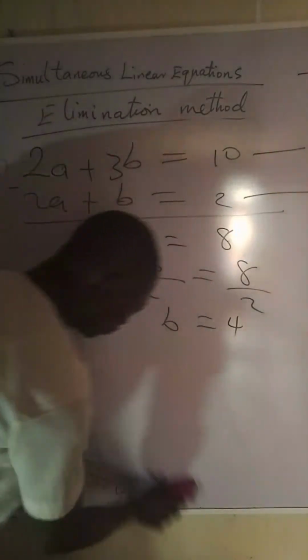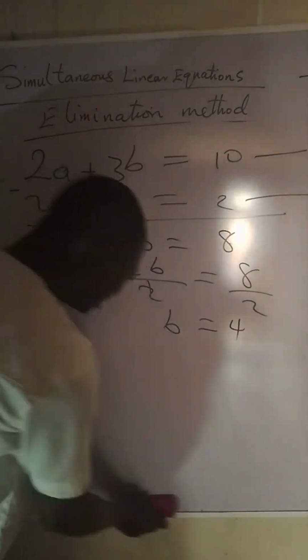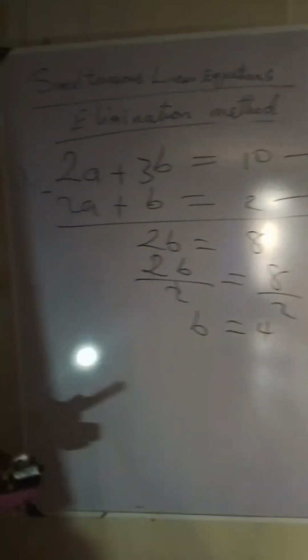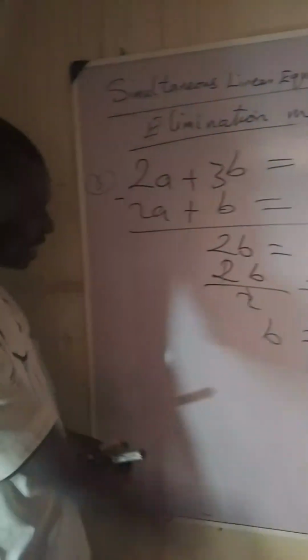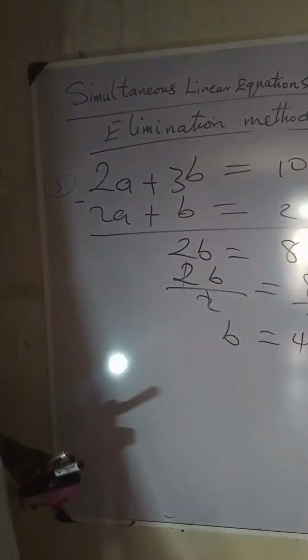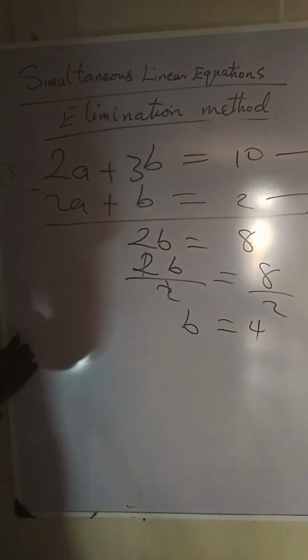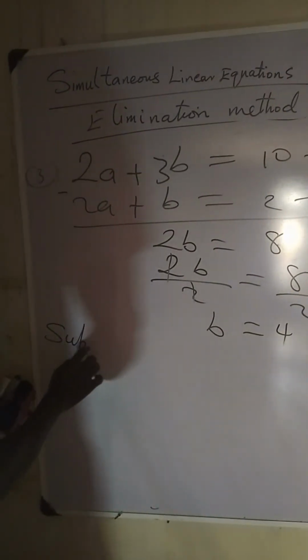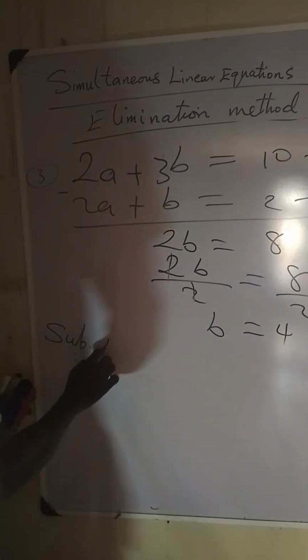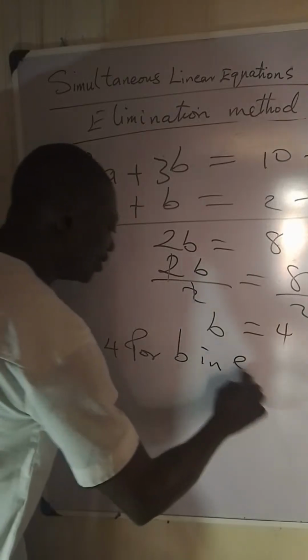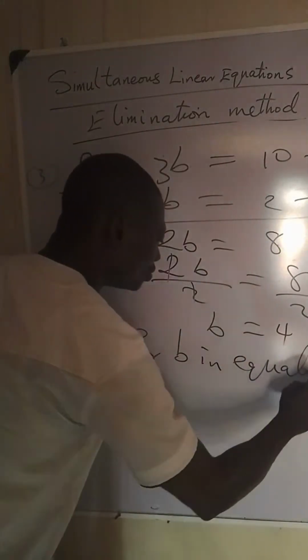If B is equal to 4, anywhere we see B in any equation of our choice, equation 1 or equation 2, let us put 4 to be able to get the value of A. So we are going to write: substitute 4 for B in equation 2.